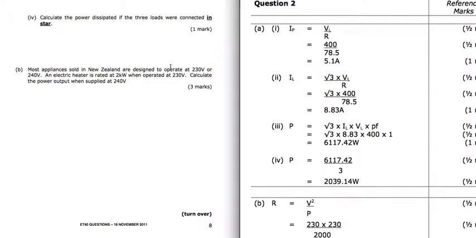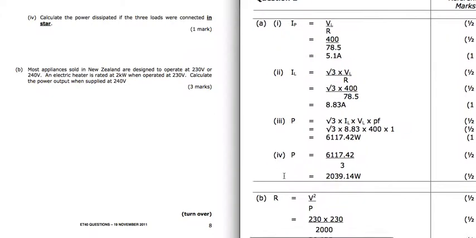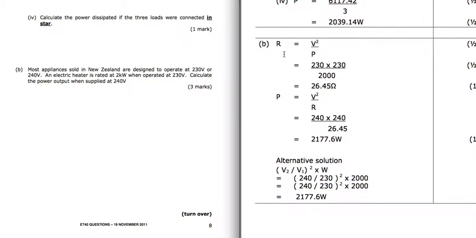Most appliances in New Zealand operate at 230 or 240. If we've got a heater that's 2 kilowatts operating at 230, what's the power going to be at 240? Well, we're going to get an increase in power. One way we can do this is to calculate the resistance.